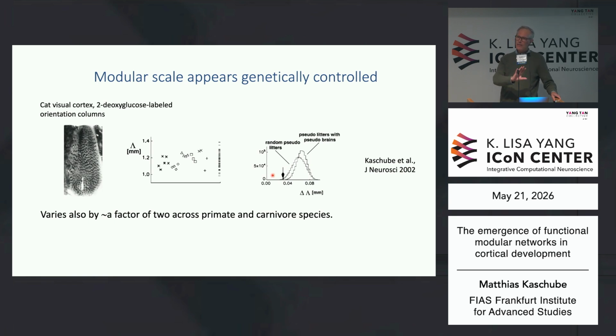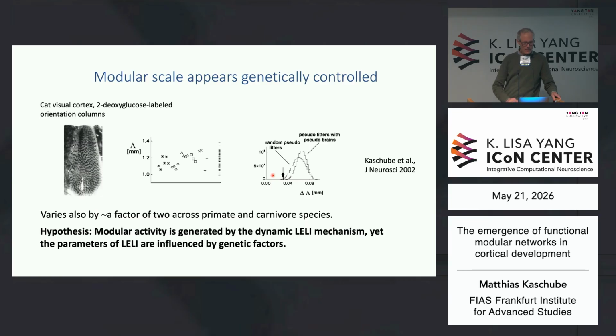And so the interpretation that emerged here was that modular activity is generated by the dynamic Lilai mechanism, yet the parameters of Lilai are influenced by genetic factors. So this could be interpreted, and this is a question I put up here, as one possible interpretation, that this is an example of guided self-organization, right?